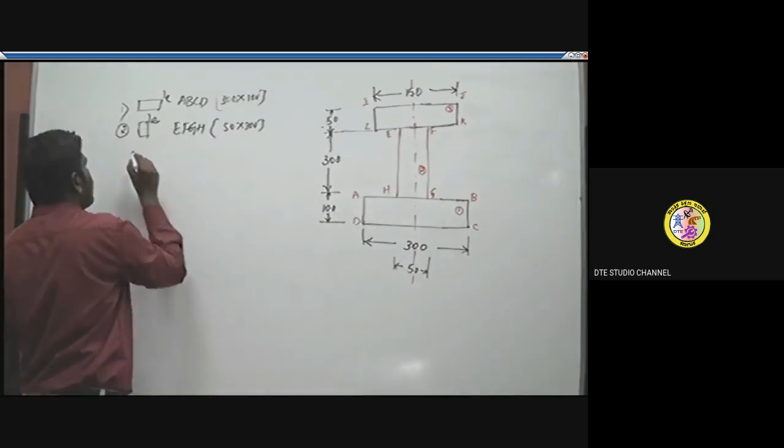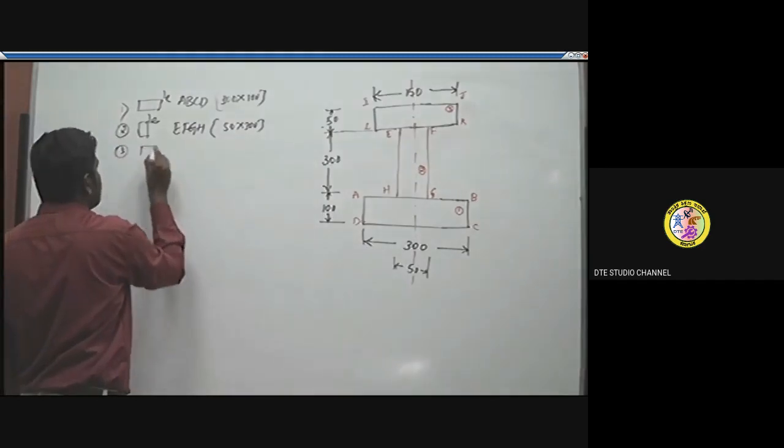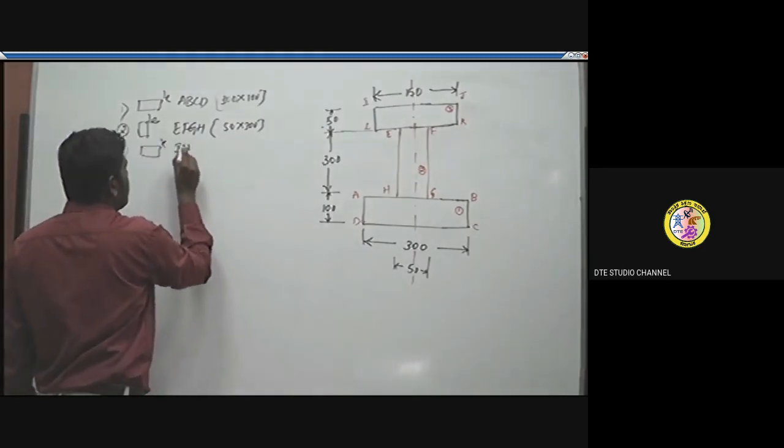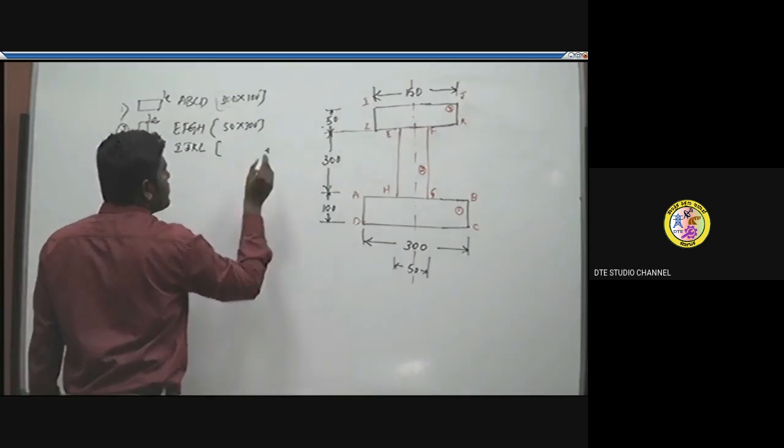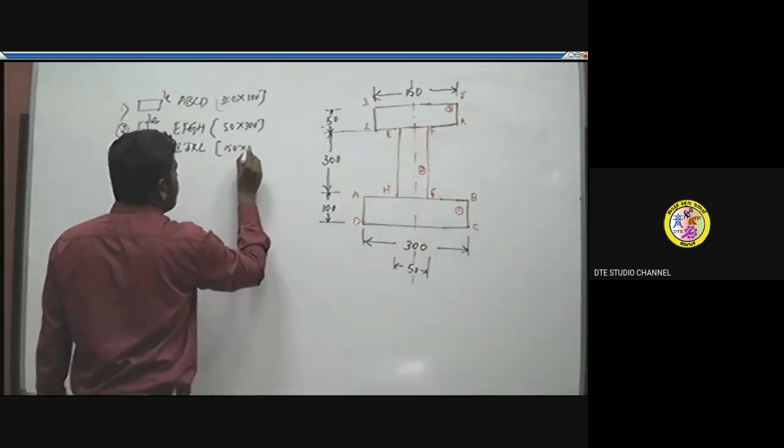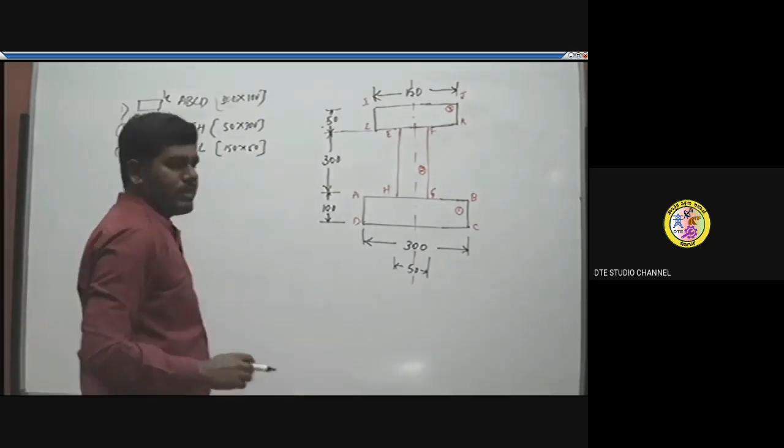And then another rectangle, IJKL, with dimensions 150 by. So this is the first step we have to do.